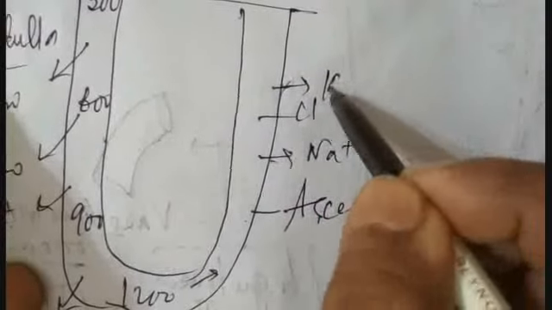This part, the ascending part, is impermeable to water molecules, but sodium ion is reabsorbed, chloride ion is reabsorbed, a little bit of potassium is reabsorbed, so the concentration gradually decreases. Water is retained here. 1200, 1000, 700, 400, 100.